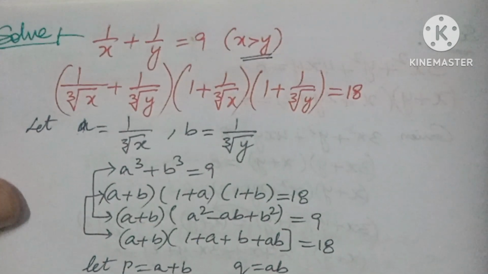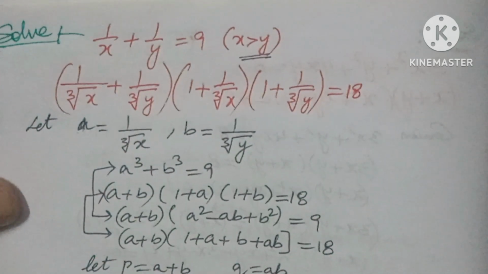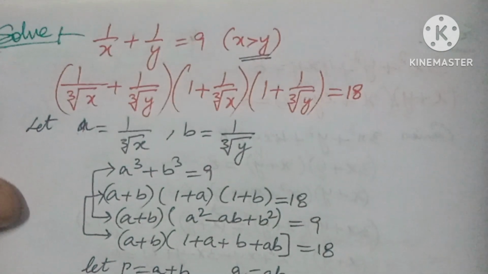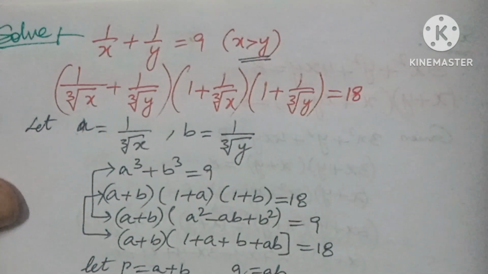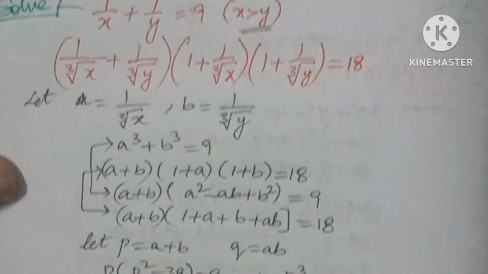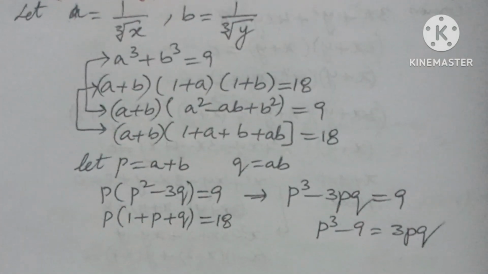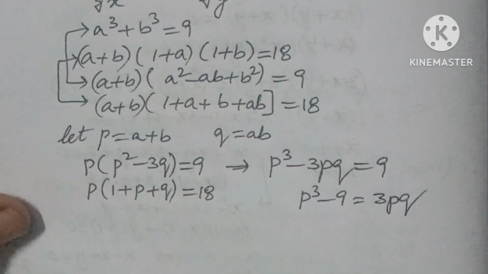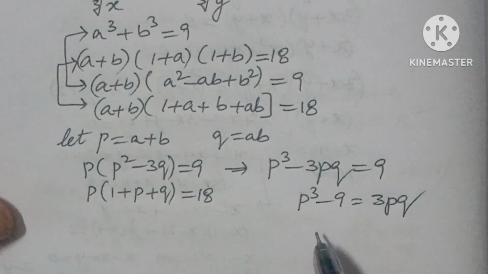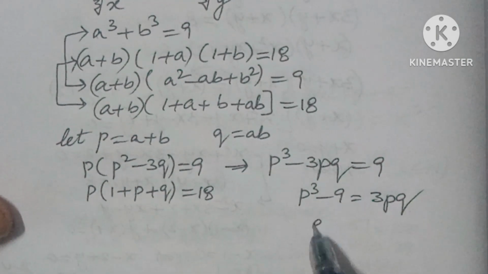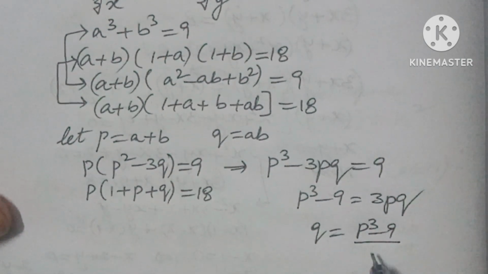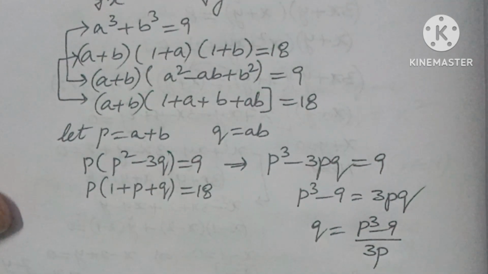If you multiply this, P³ - 3PQ = 9, so P³ - 9 = 3PQ, and Q = (P³ - 9)/(3P).